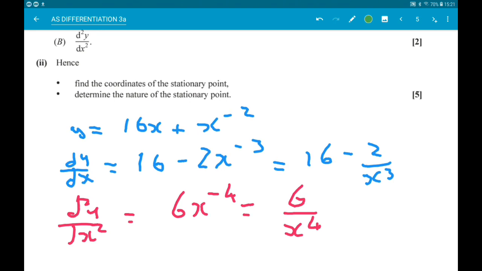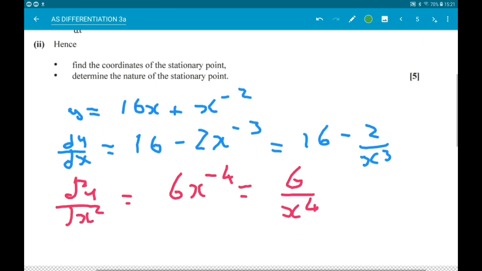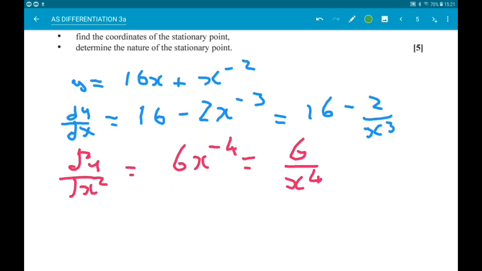Okay then, to finish off, we now want to find the coordinates of the stationary point and determine its nature. So again, to get full marks, you would want to start by saying at a stationary point dy by dx is equal to 0. So we are going to set 16 minus 2 over x cubed equal to 0.